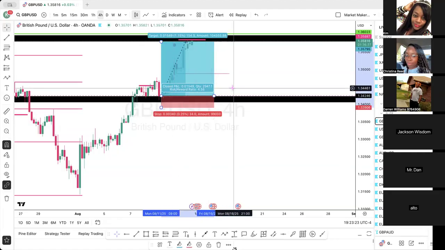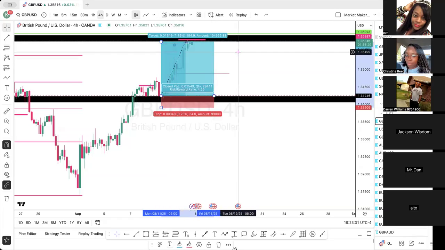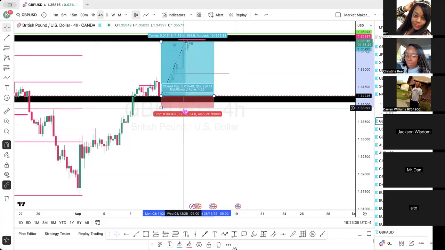Because there's a guy on YouTube who, as soon as price gets here, he puts in a sell. As soon as price bounces here, he puts in a buy. But he's in hedges. I mean, 100 hedges all the time, which is horrible. That's a horrible way to trade.